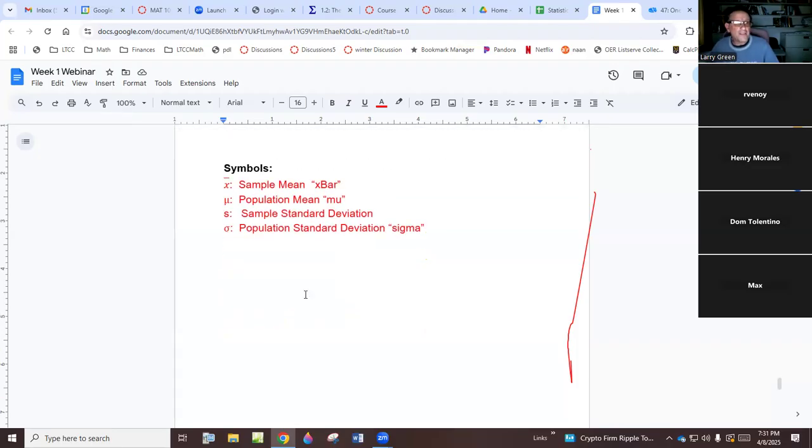Let me give you a couple more I didn't type in here, but let's type these in. P is the population proportion. Now you're used to seeing Greek letters. Any guess on why we don't use a Greek letter for population proportion? You all know the Greek letter for P, and that's the hint.